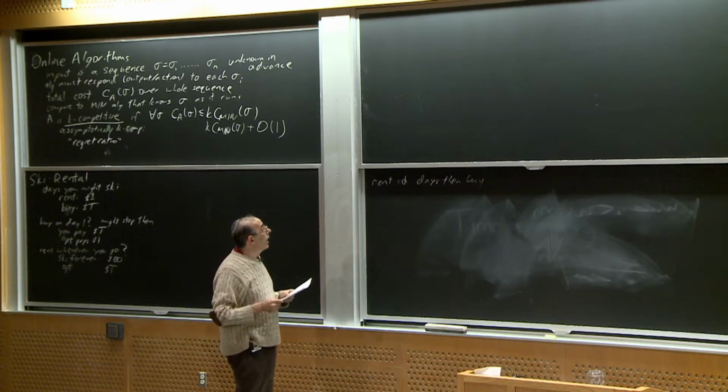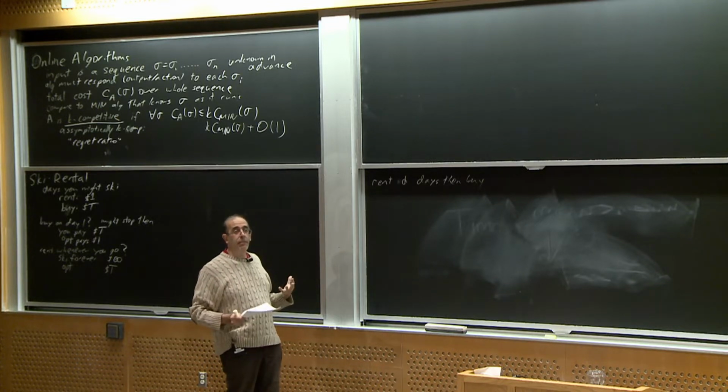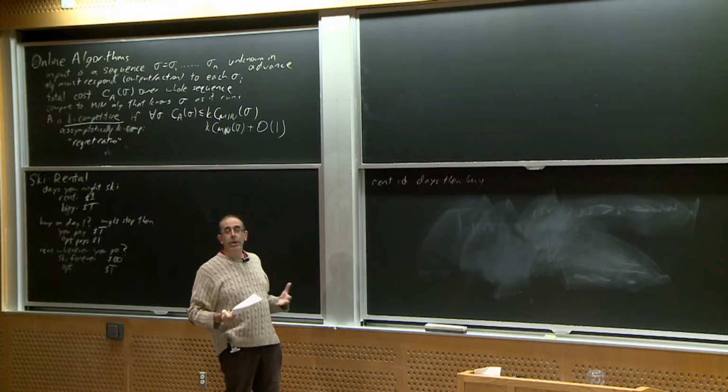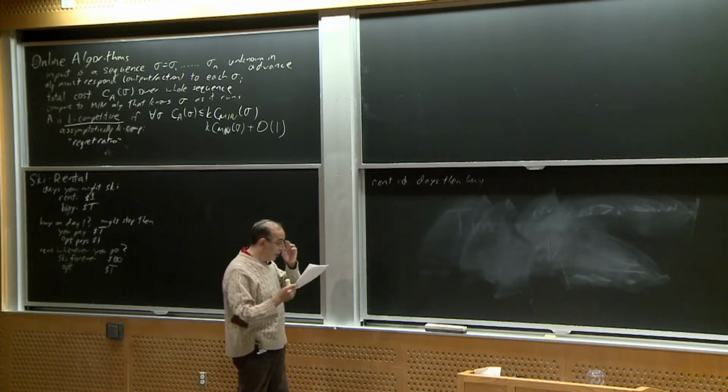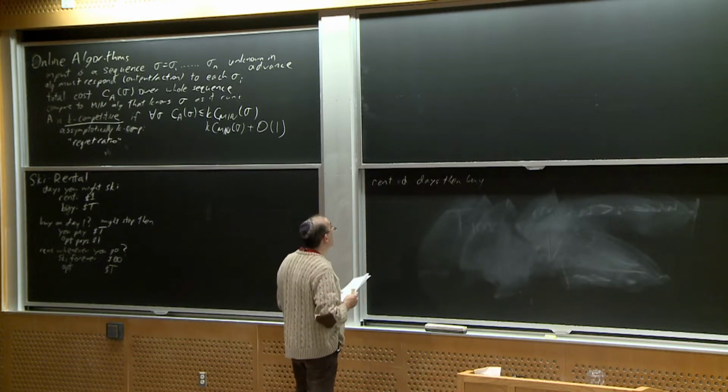Okay. And this is an adversarial setting, right? Once we pick an algorithm, there is some particular sequence which gives the worst case ratio between us and the optimal algorithm, right? So what is that worst case sequence going to be?